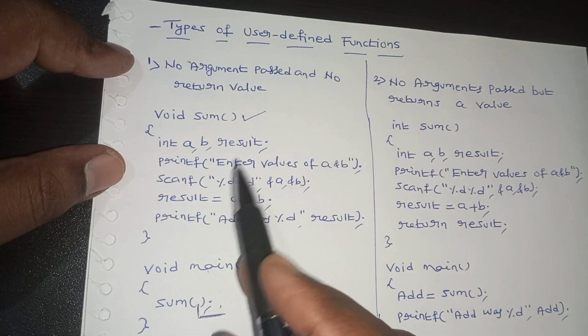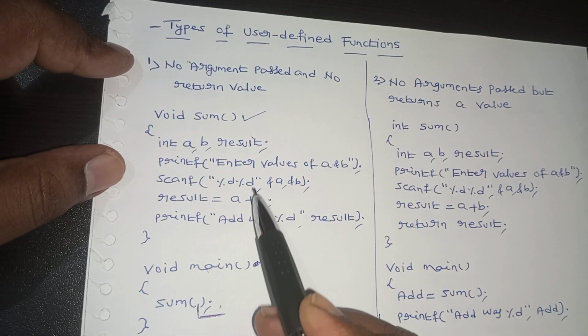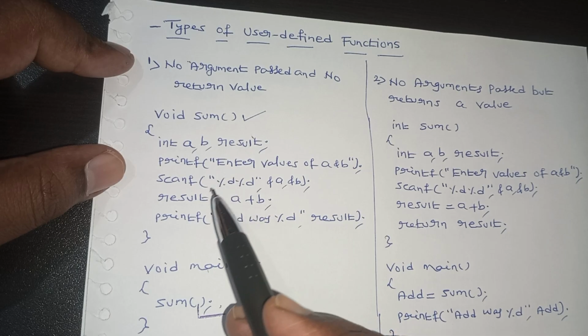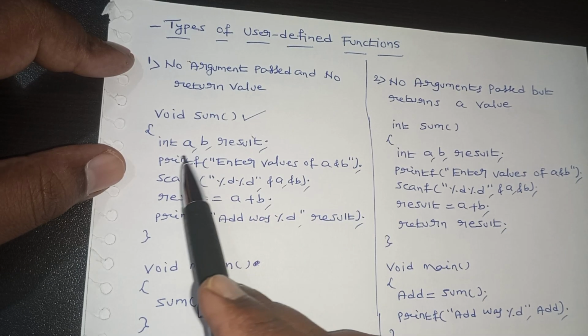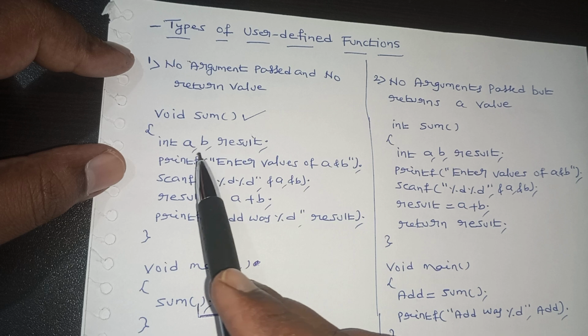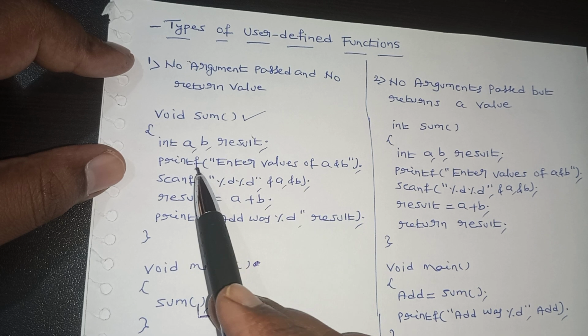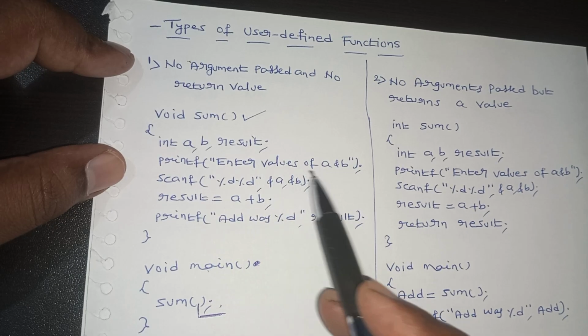Now this is the user-defined function. In this, I am performing the addition of two numbers. So go through the program. a, b, and result are the three integer variables. printf: enter the values for a and b.